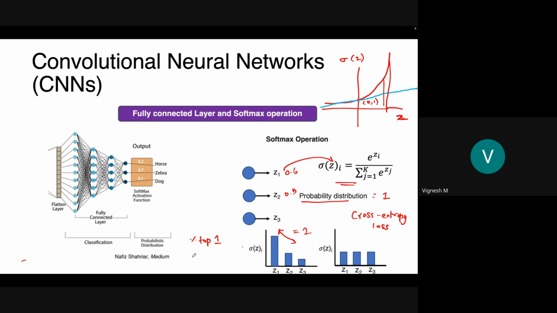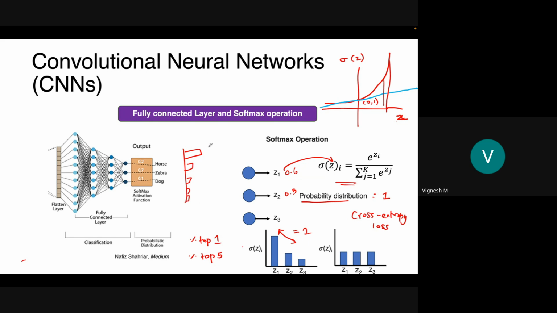And sometimes percentage top 5 is also used. So if you have options, like in this case horse, zebra, dog, cat, and everything, and there is a probability distribution associated with it, you can see whether that particular input occurred in the top 5, for example.